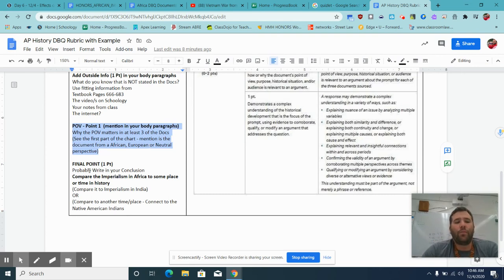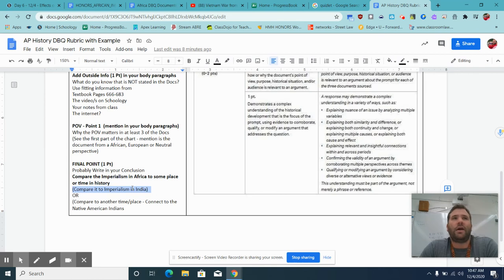Now, the final point, I would probably do this in a conclusion as a way to connect it to something else. This is the last and sometimes the hardest thing to do, to connect one part of history to something else. But for this essay, I think it's pretty easy. We talked about imperialism in India. Easy thing to do. You might want to say, hey, India was once independent, but the British, the French and other Europeans tried to take over India.